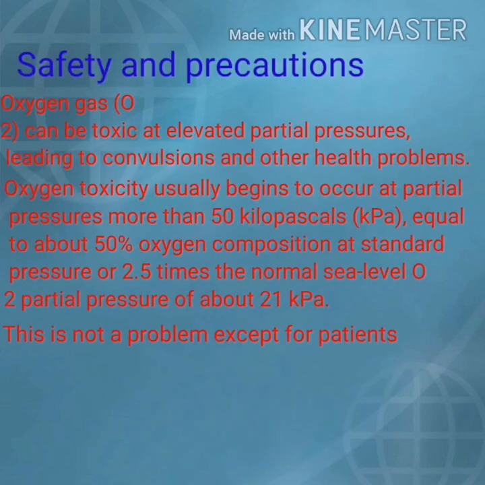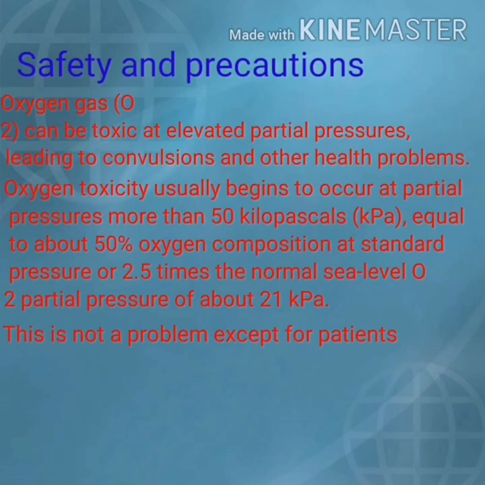Safety and precautions. Oxygen gas O2 can be toxic at elevated partial pressure, leading to convulsions and other health problems. Oxygen toxicity usually begins to occur at partial pressures more than 50 kPa, equal to about 50% oxygen composition at standard pressure, or 2.5 times the normal sea level O2 partial pressure of about 21 kPa.